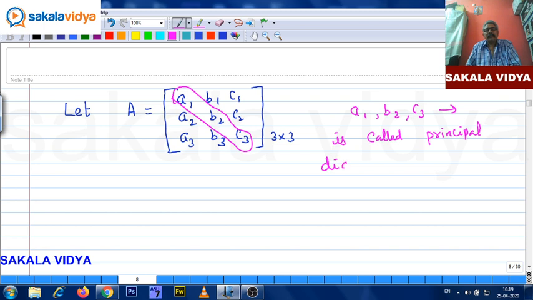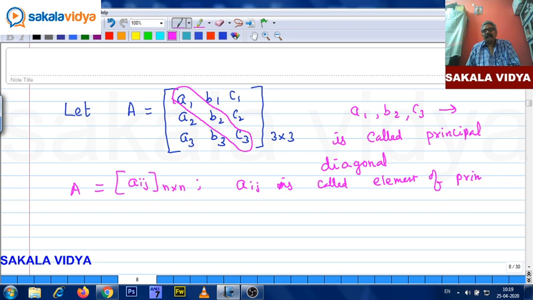For example, if A = Aij is a square matrix of n by n, then Aij is called an element of the principal diagonal if i equals j.